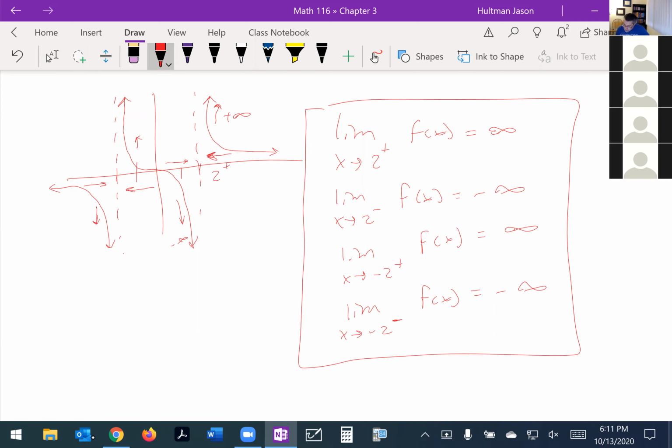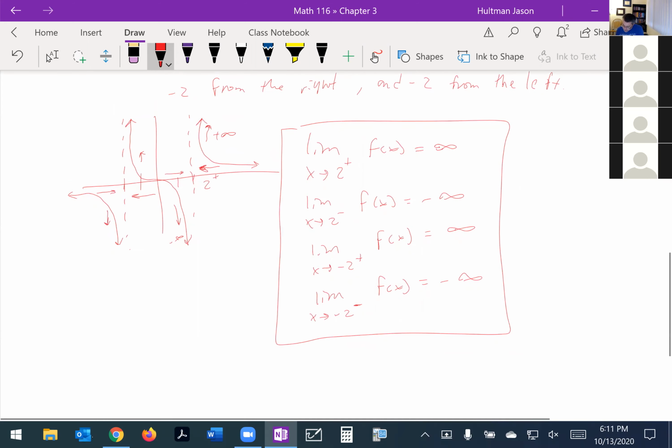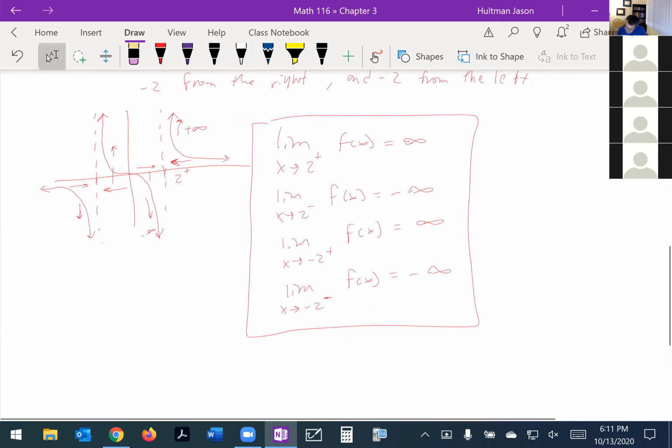Okay, what would happen if we talked about the limit as x approaches infinity of this function? As the x values get bigger and bigger, ultimately what happens to the function? Well, let's see what we can do here. We have x minus 1 over x squared minus 4.